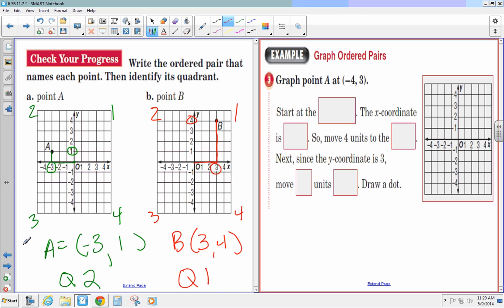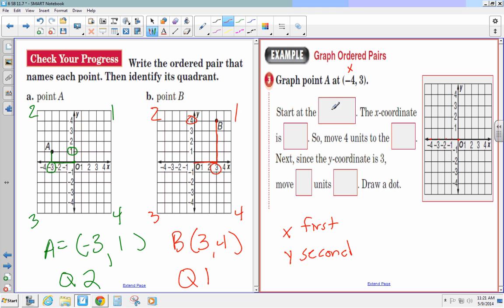All right, let's graph. Graphing the point is exactly like labeling the point that's given. You're always going to do x first and y second. So this -4 is the x. It's the first number. Start at the origin, and don't lift up your pencil.